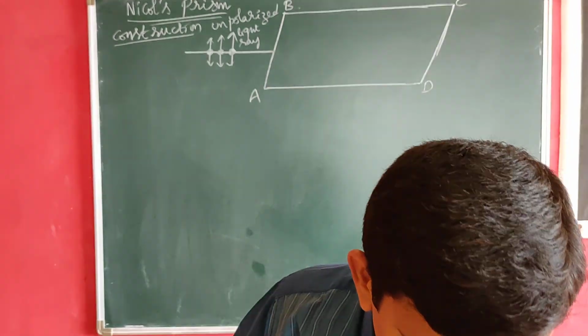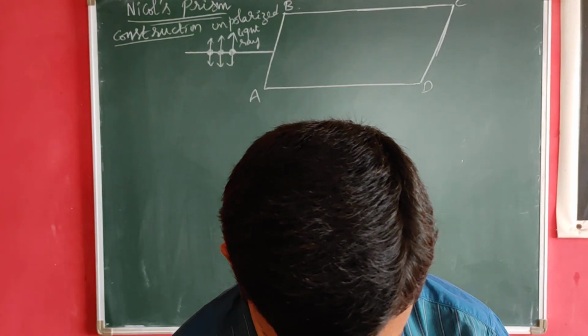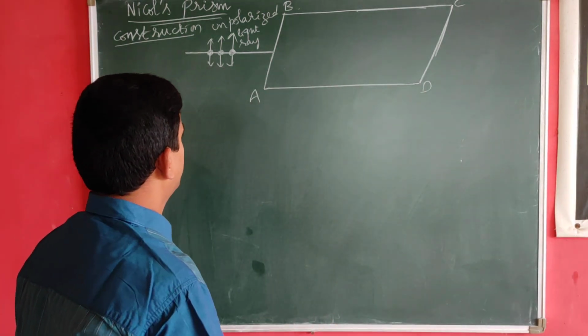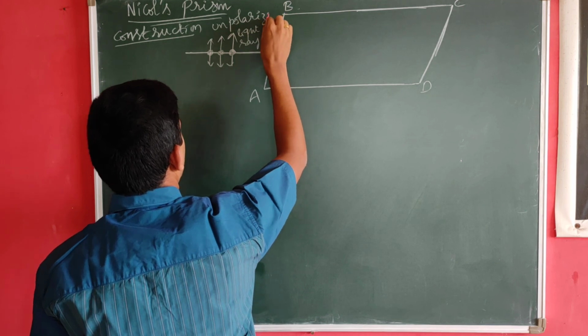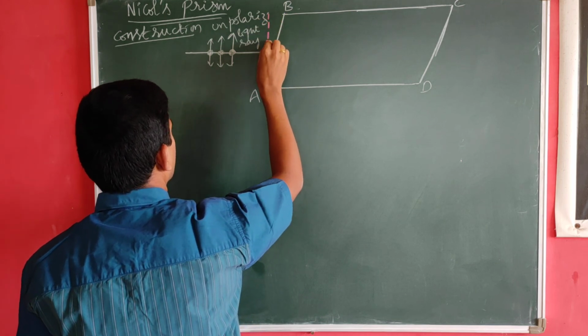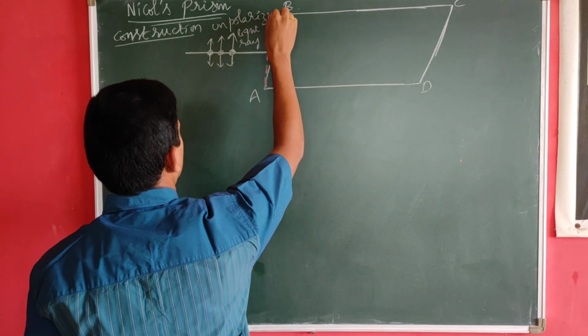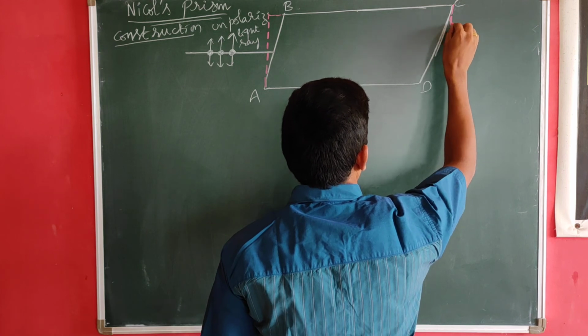I will use the colored chalks also for getting a better diagram in order to understand the diagram carefully. This is the original doubly refracting crystal.